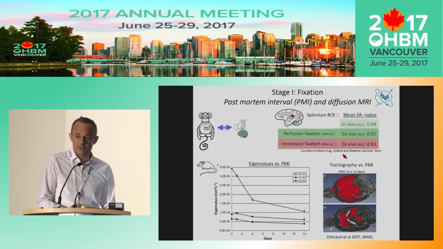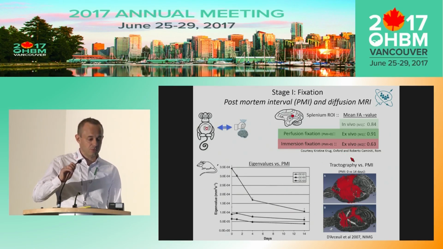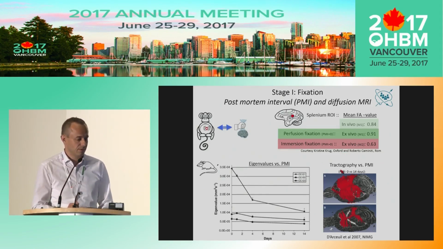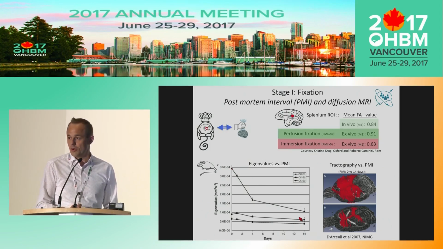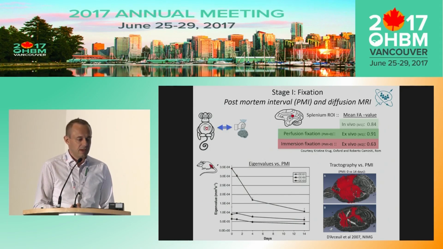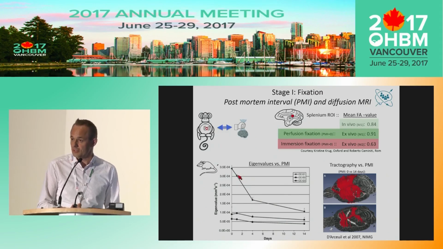The effect of post-mortem interval has also been shown by others, who made a study of rat brains. They looked at post-mortem interval 0, and then went up to 14 days later. They did different acquisitions along the time, and you can see the first eigenvalue of the tensor at different time points immediately starts to decrease, suggesting that the microstructural environment is getting more complex.